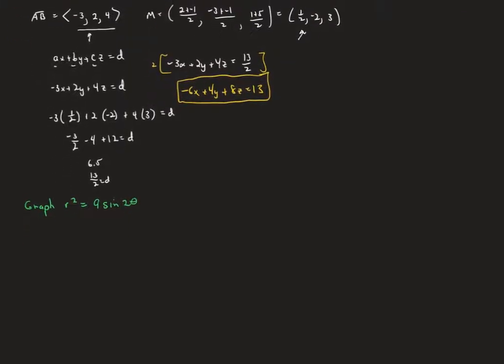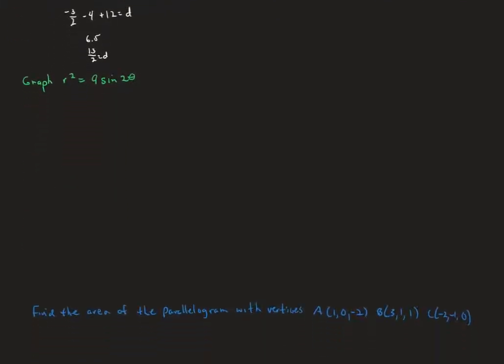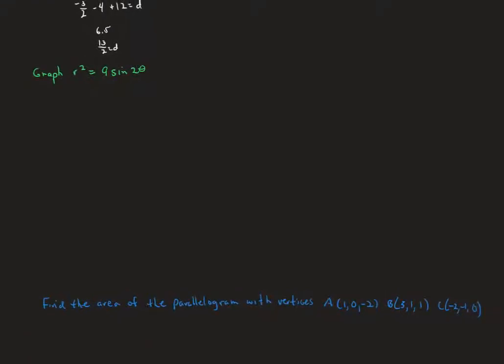Okay, let's see if we can graph this next one. So this now, if you recall, is what's called a Lemniscate. It's going to be that thing that looks like a figure 8. It's either going to be oriented on the x-axis or it's going to be oriented on that pi over 4 angle.